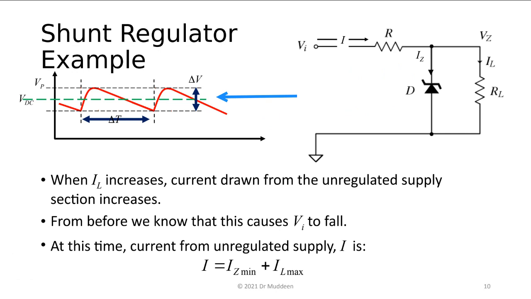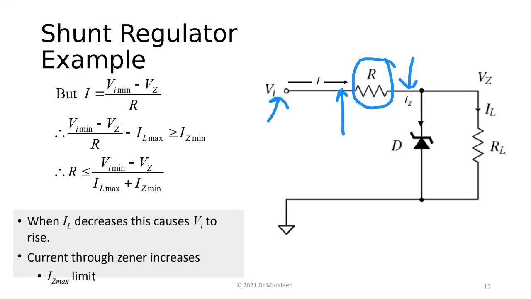We know what IL max is. So therefore, we're now in a position to, because the Zener has to operate, whatever is the difference in those two currents has to go through the Zener to make it work. That is IZ min.